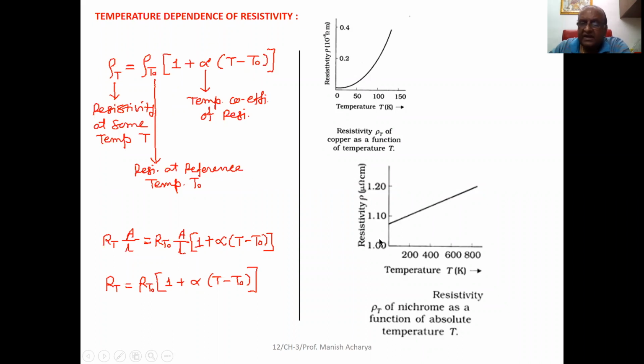Now see here, at 0 Kelvin the resistivity is this much. Then at 800 Kelvin the resistivity is almost up to this one.